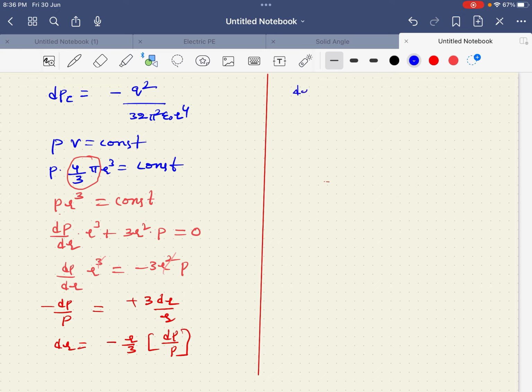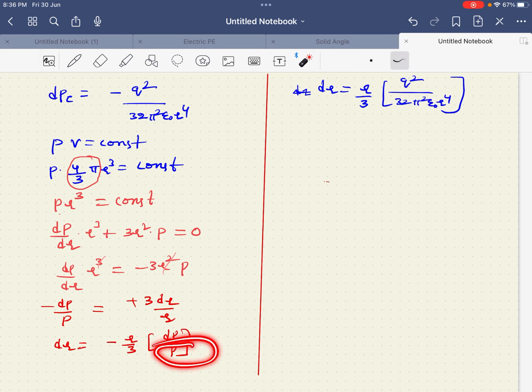Now dr is equal to r by 3, and minus dP means the electric pressure, q square by 32 pi square epsilon naught r to the power of 4. And here we have 1 by P also.